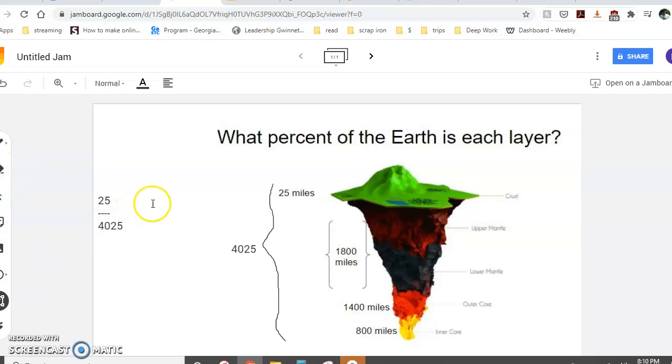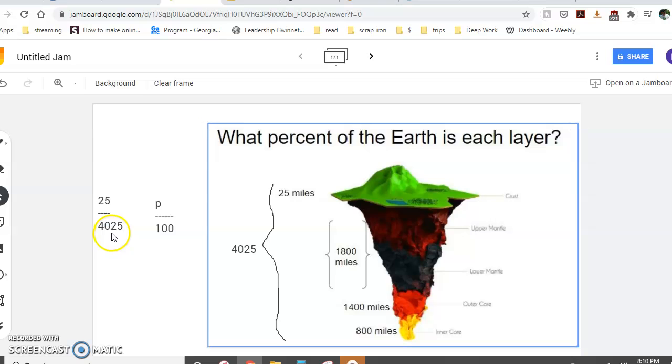So when I set up the second ratio, we don't know what percent, so I'll do P out of 100. So if instead of being 4,000-ish miles deep, the Earth was 100 miles deep, how many of those miles would be crust? As you can see, it is not going to be many at all.